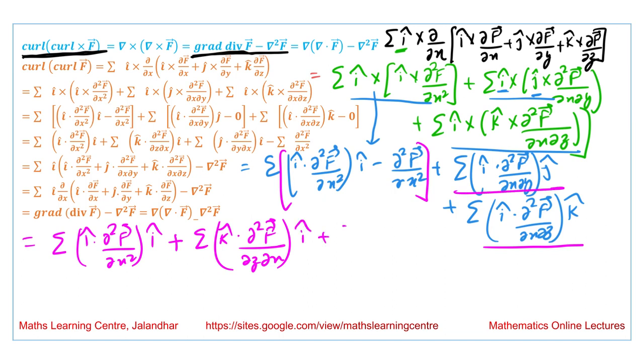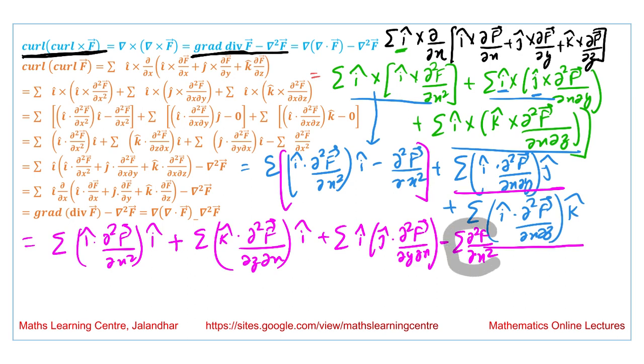Next we write sigma i cap into j cap dot ∂²f vector/∂y∂x, and last we have minus sigma ∂²f/∂x². Now, look at this last term. When we take the sum of all these terms, we are saying sigma ∂²f/∂x² plus ∂²f/∂y², then ∂²f/∂z².